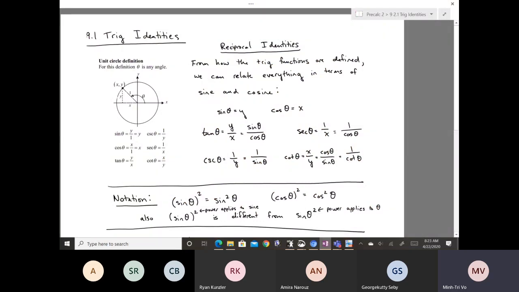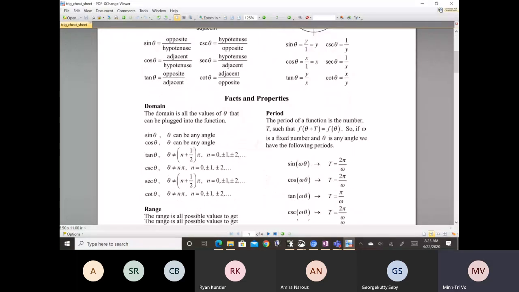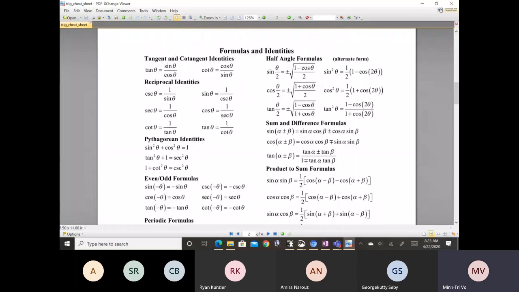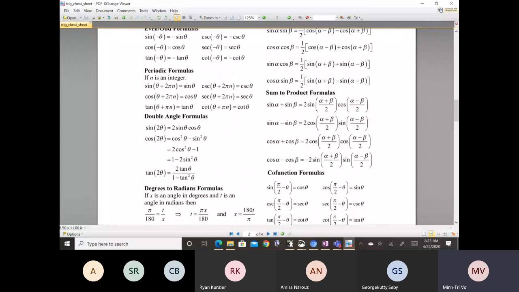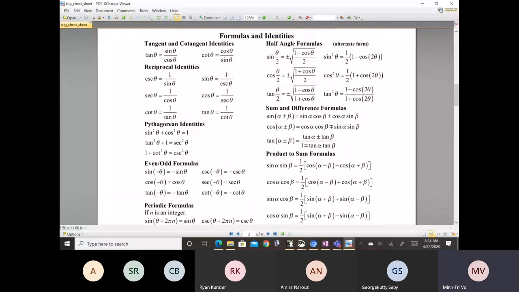So in chapter 9, we're going to be focusing on the trigonometric identities. On the trig cheat sheet, most of the relevant trigonometric identities we're going to use are located on the second page.